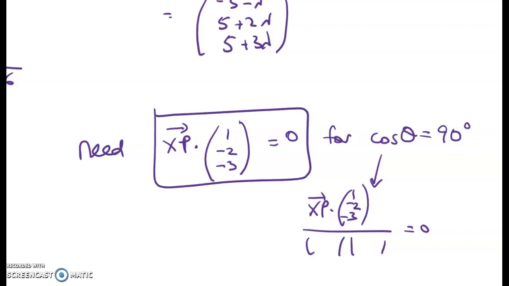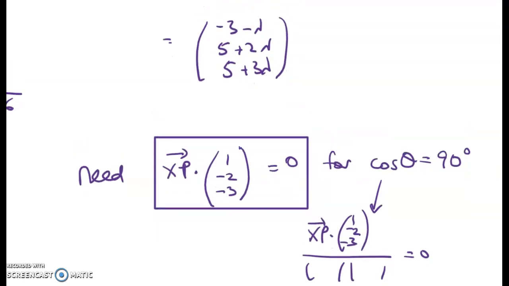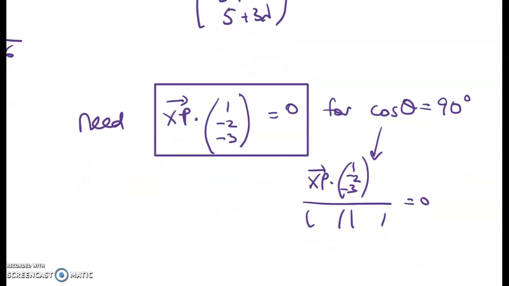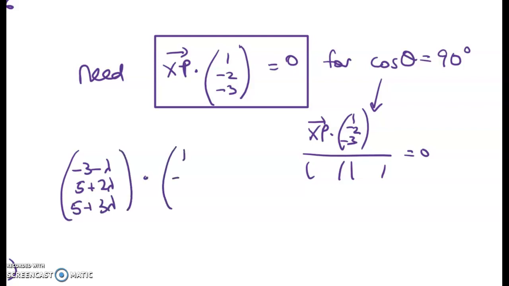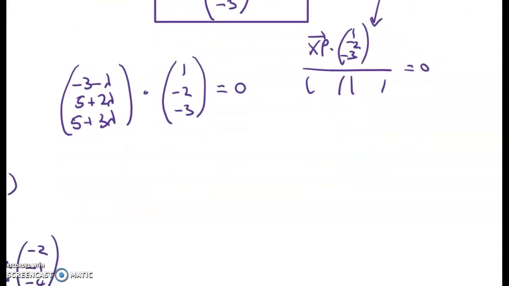So this is what I have to work out next, and I'm going to use what I had for XP. I'm writing this out pretty slowly because I'm hoping that some of the people watching are people who had trouble with this question, not the people who got this question completely right. So we need that to equal 0.